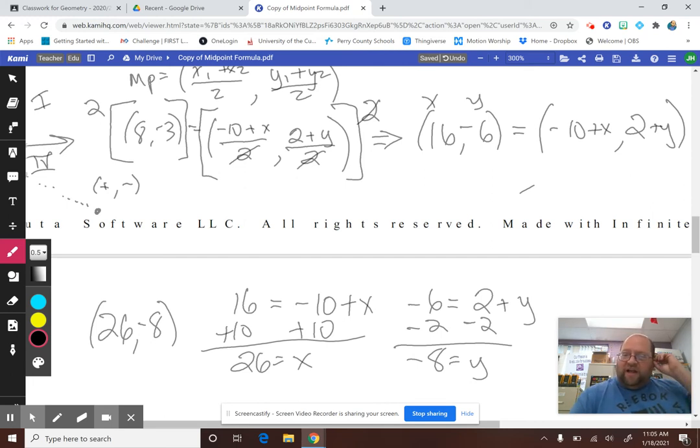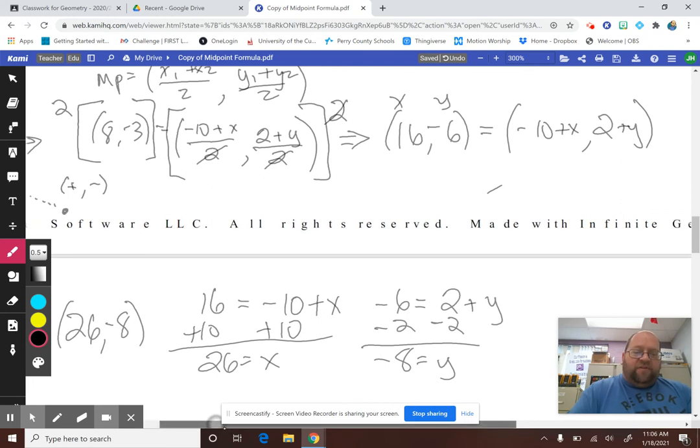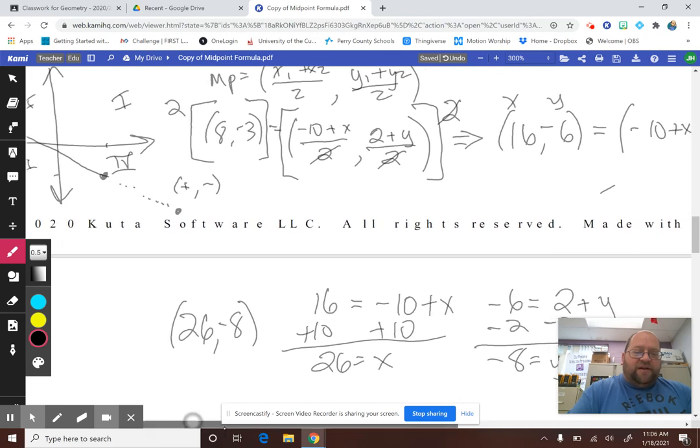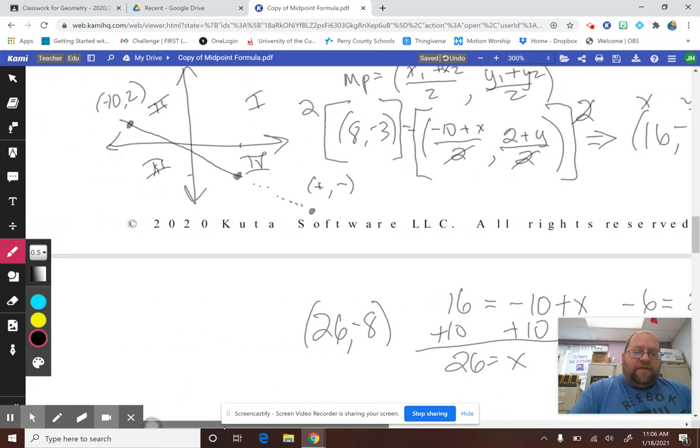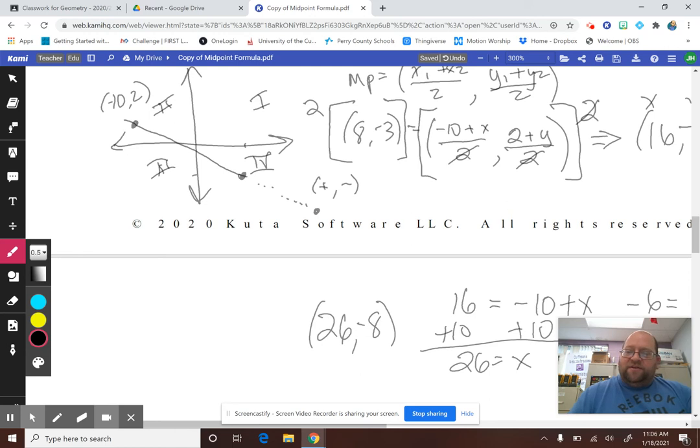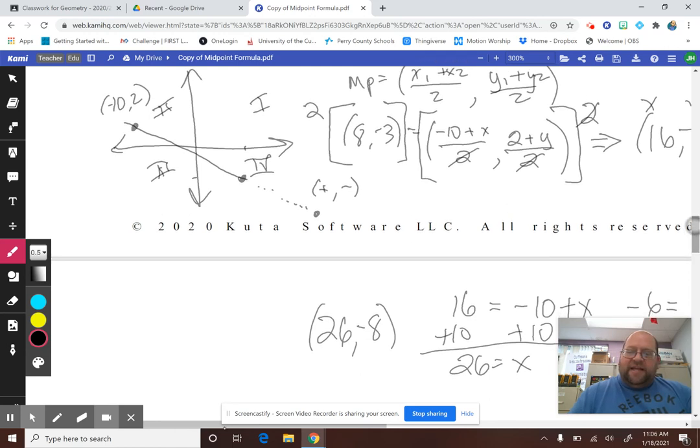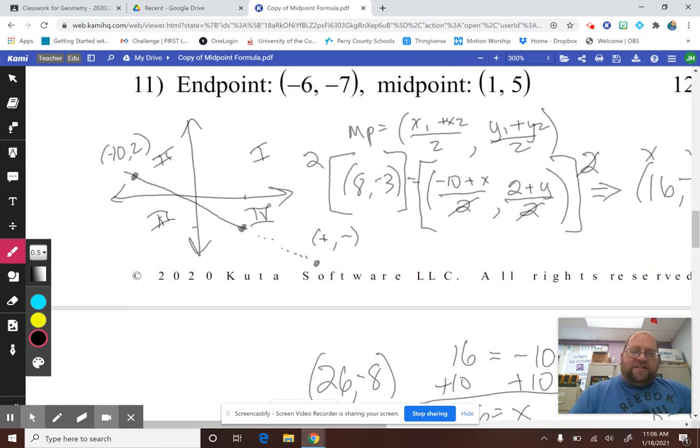Now I know that looks like a lot of work, but once you get going with this, I don't think you're going to have near the issue. So let's make sure that makes sense. I've always tried to tell you to use logic to help you figure out whether things really make sense or not. So think about this being our answer, 26, -8.